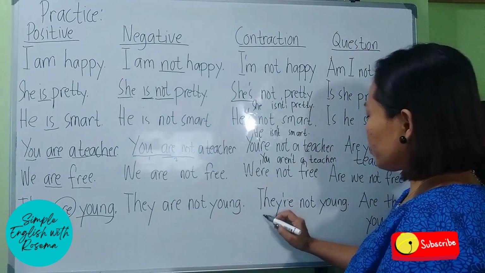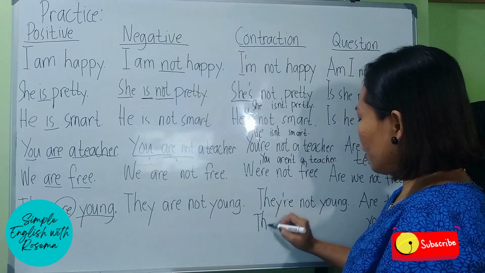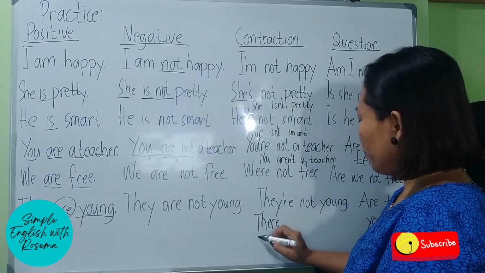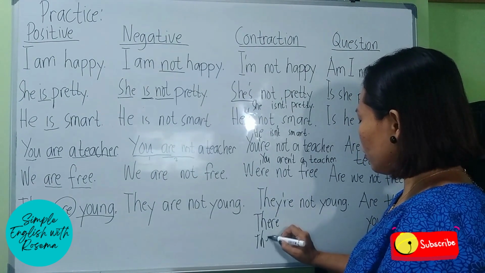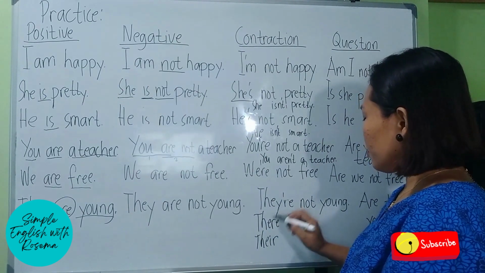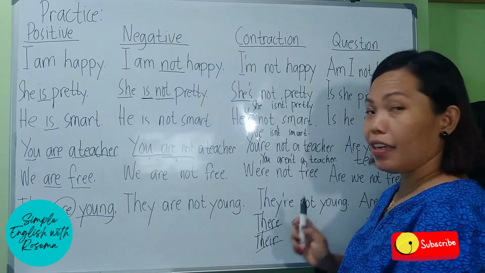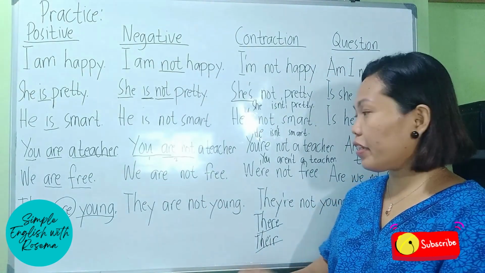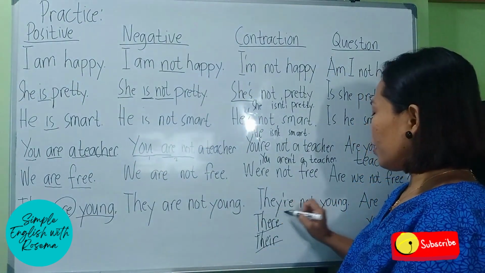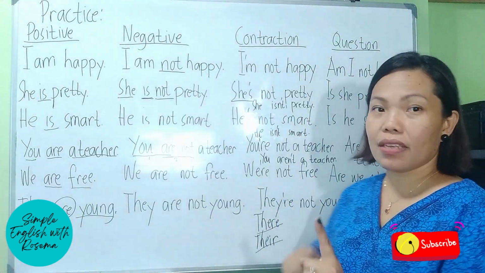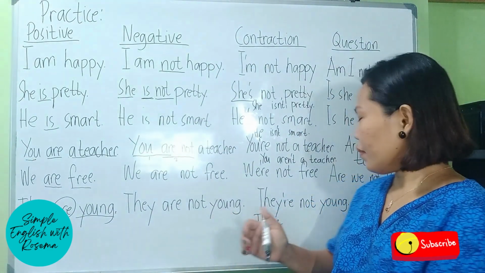Also with this, meron kasing there na ito. Meron namang THEIR. So, itong dalawang to ay meron ding kanya-kanyang sariling gamit. But they are not contracted. Unlike here, na pinaiksi ng they and are. Alright?